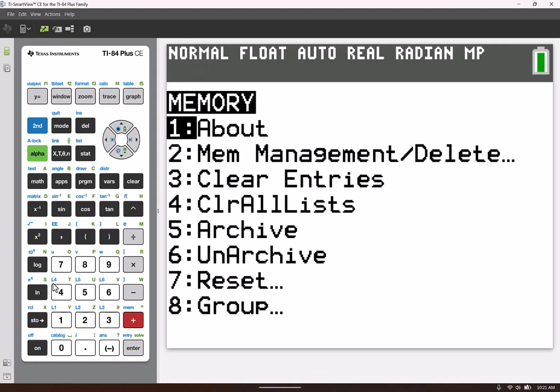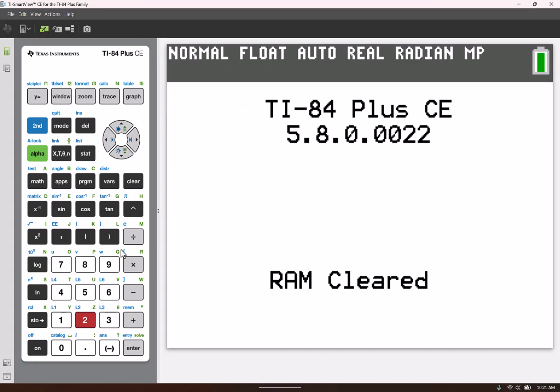So here we go. Second, memory, 7, 1, 2. Reset the calculators first because there's a lot of junk in there from pre-calc. They might be in degrees and stuff like that.